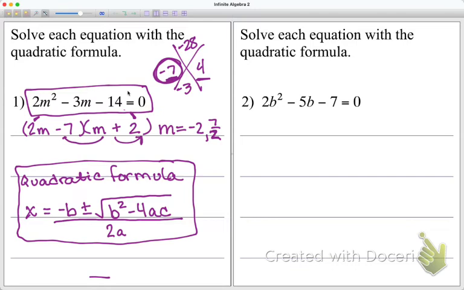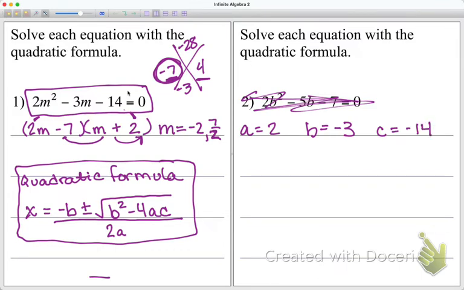So in this problem right here, what is A? 2. So A equals 2. What is B? 3? Nope. Negative 3. Everyone see negative 3? Okay, what's C? Negative 14.